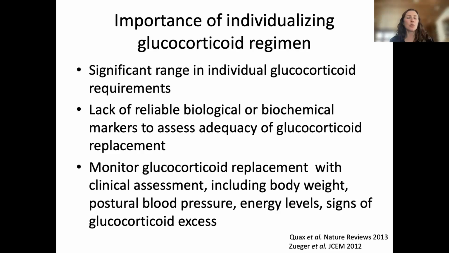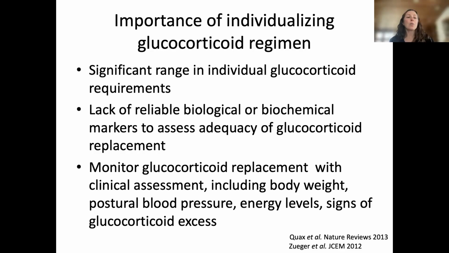There's a range in the degree of patients' glucocorticoid deficiency. There's a range in their variability in their glucocorticoid metabolism. There's differences in glucocorticoid sensitivity. They've actually shown that polymorphisms in the glucocorticoid receptor are associated with some metabolic endpoints in patients taking glucocorticoids.